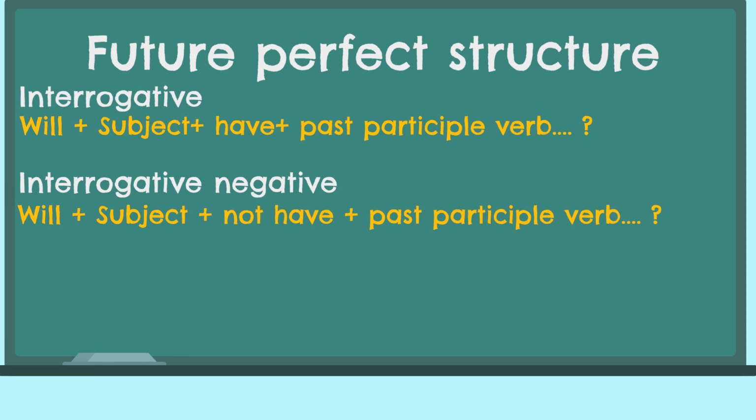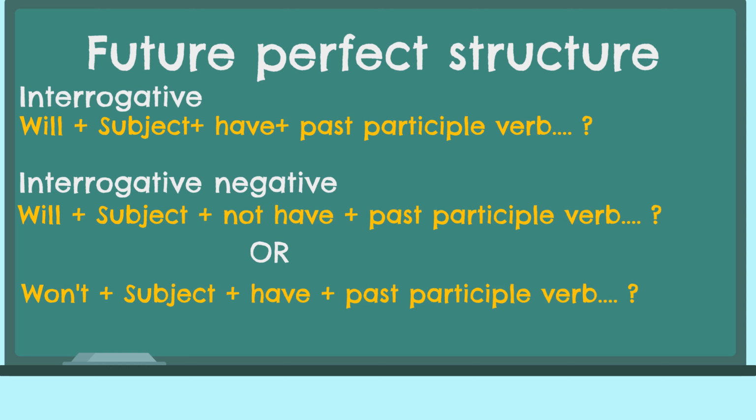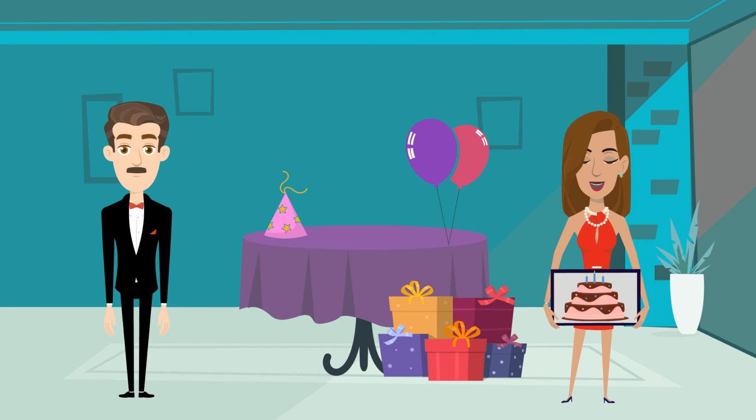Will plus the subject plus not have plus the past participle verb plus the rest of the question. Or we can use won't. Won't plus the subject plus have plus the past participle verb plus the rest of the question. Let's see some examples.